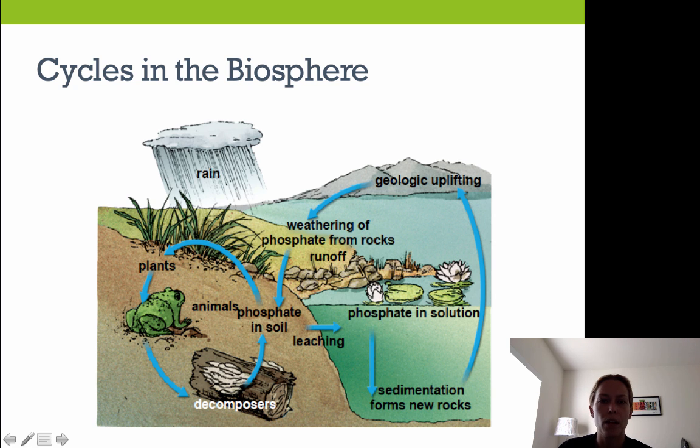So here's an example of the phosphorus cycle. So you've got your weathering of rocks, weathering of phosphate from rocks due to rain. You've got phosphate in solution, so phosphate in water. You've got phosphate being precipitated in sediment to form new rocks. We've got phosphate in the soil, and then that phosphate in the soil can leach into water.